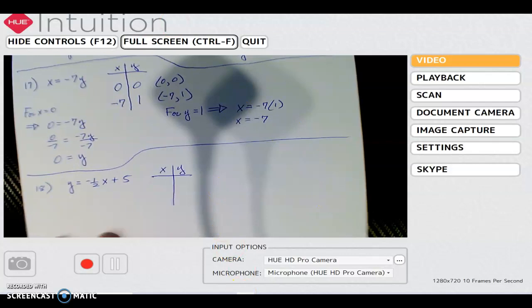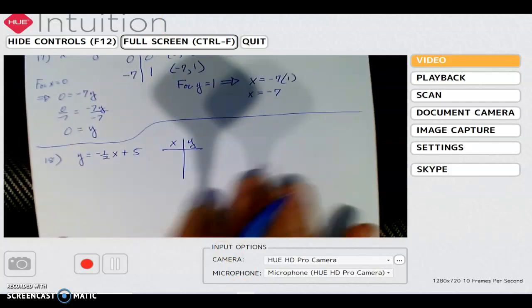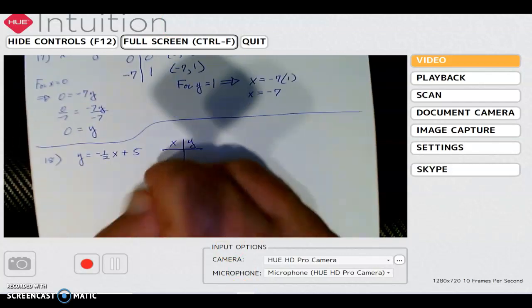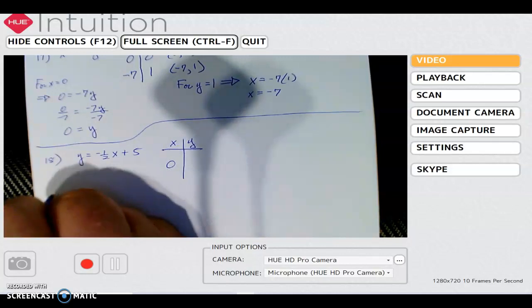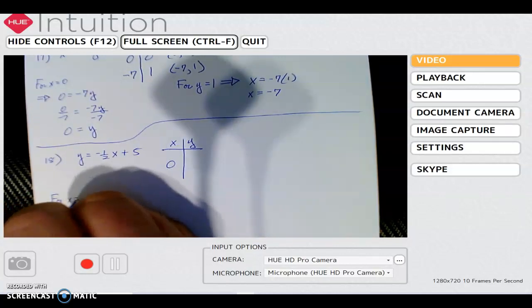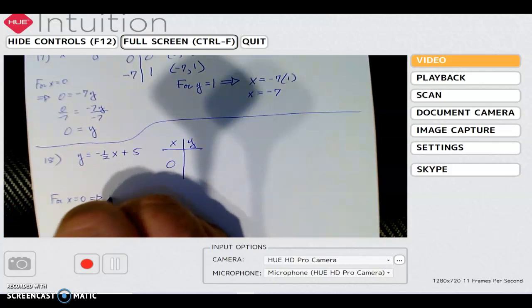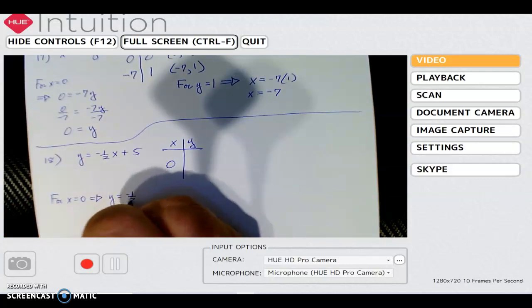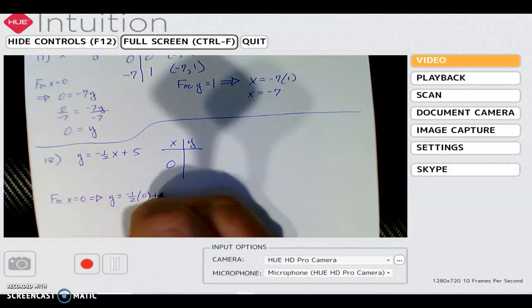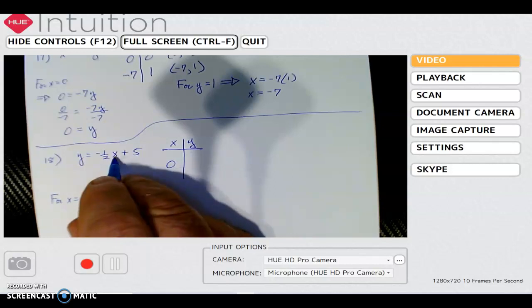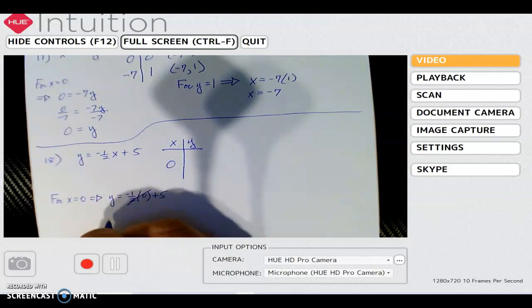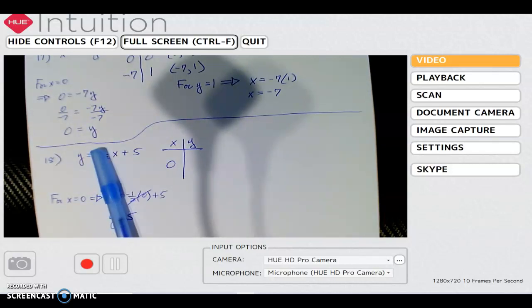Okay, good choice for x always is 0. So for x equaling 0, there's really no need to show this substitution, because if x is 0, this term's going to go away. You pretty much see it by inspection. You can just cover it up in the original equation, and you can see that you get 5 for y.